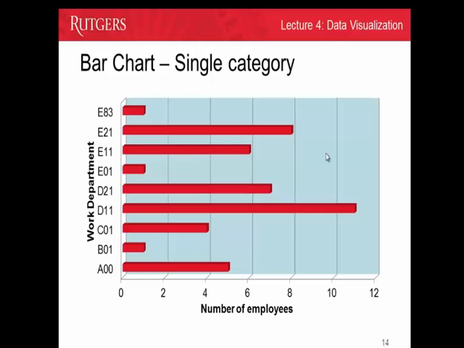So usually the bars are equal in width, and it's important that the horizontal scale starts at 0, otherwise the length of the bars are not proportional to the frequencies. And also this bar chart still shows the distribution of employees in each work department.